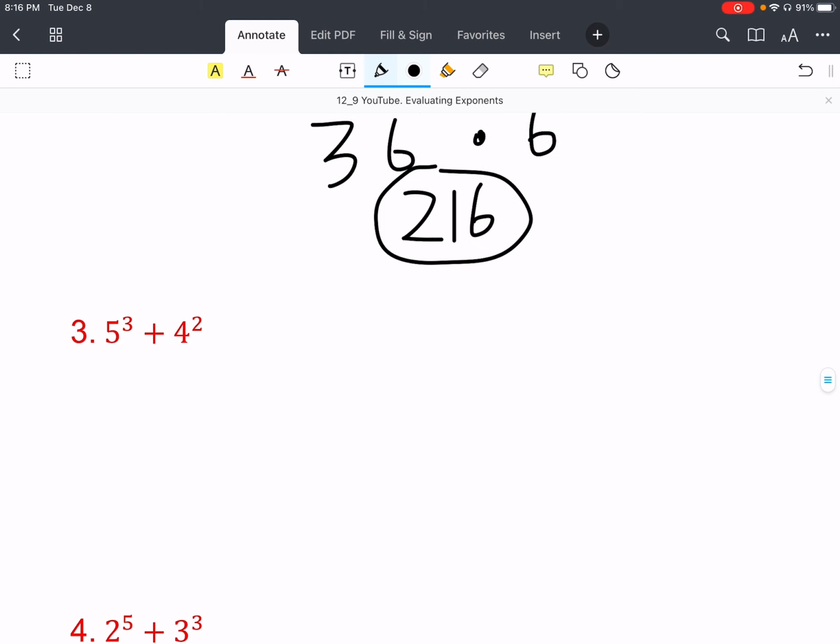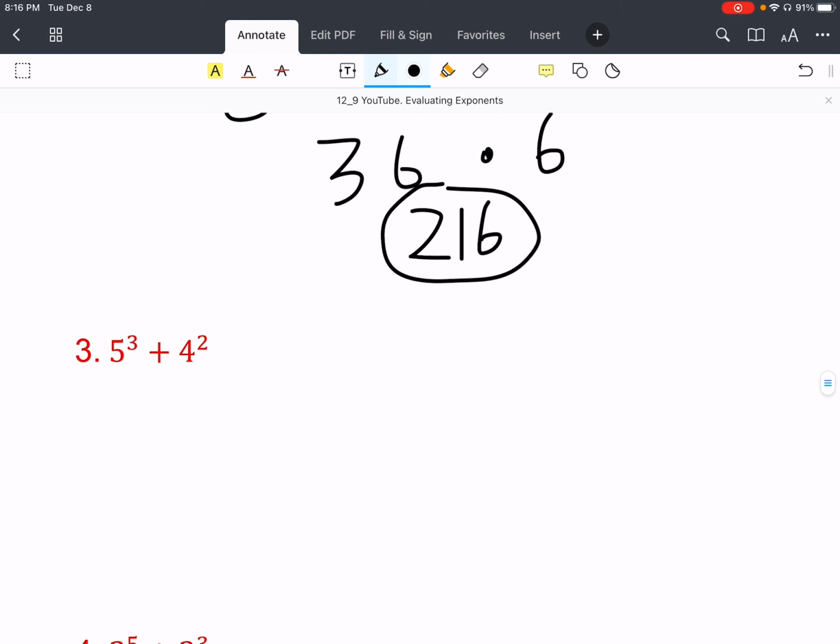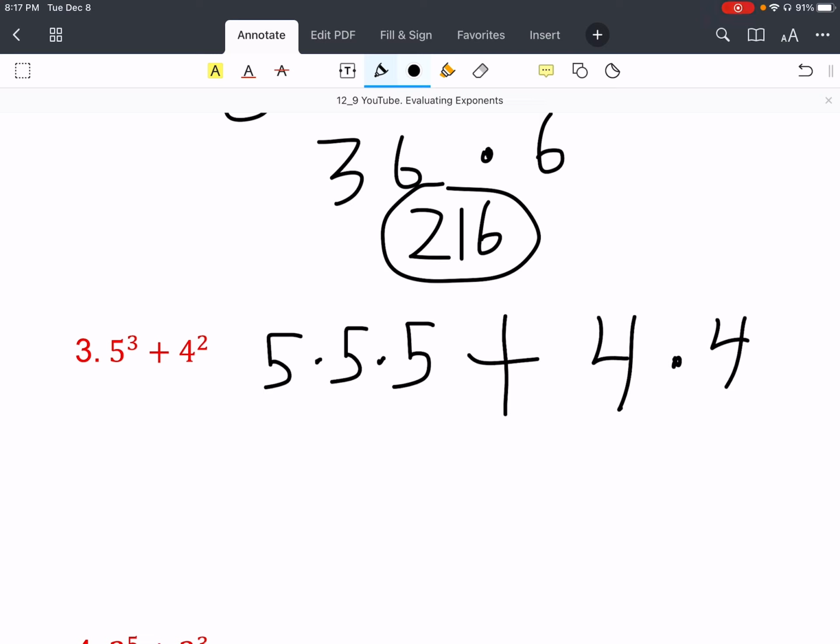Okay, a little bit tougher. 5 to the 3rd power plus 4 squared, or 4 to the 2nd power. So I'm going to write this out, even though we could just solve these. So 5 to the 3rd power plus 4 to the 2nd power. And using our order of operations, we know that we are going to do the addition after we finish the multiplication.